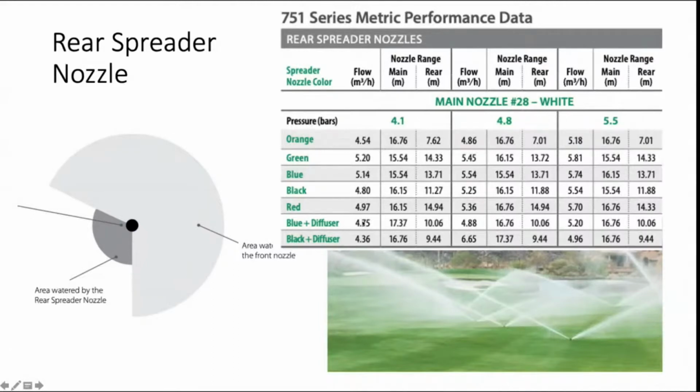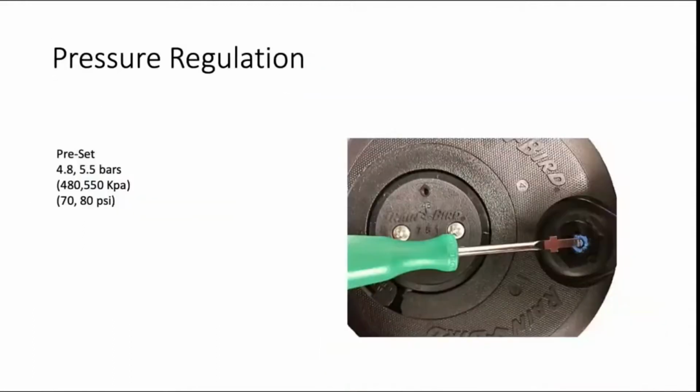And then you see here with the diffuser, that means we're actually breaking the spray up, and that's probably impeding some of the flow, and that's why you see a lower flow rate. But for any of these pressures, and if I got this right, this is actually 4.1 bars at 60 pressure, 60 and 70 and 80. Move back here.